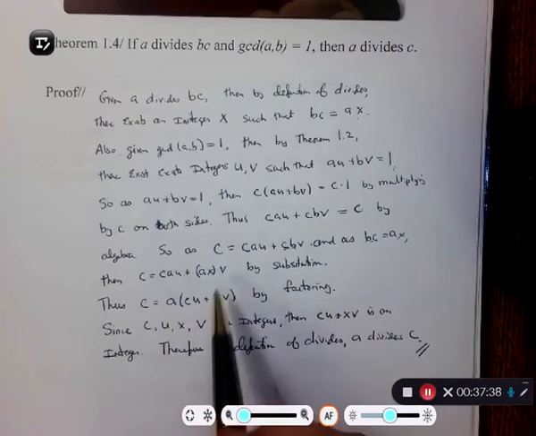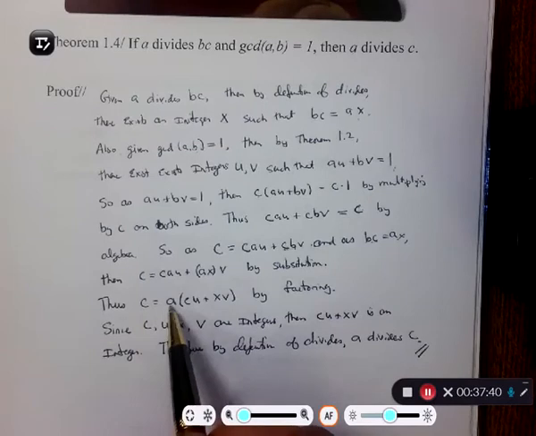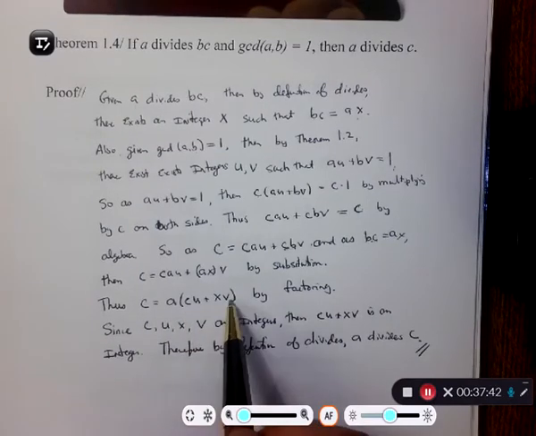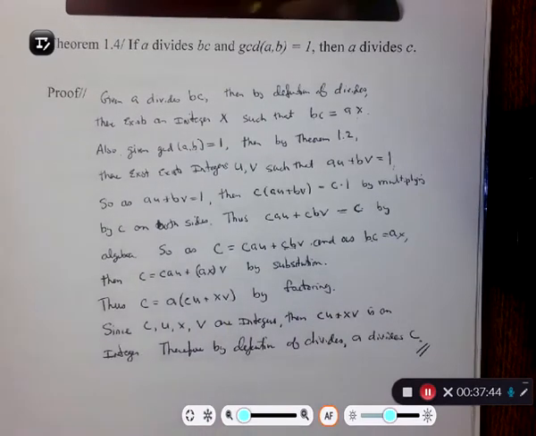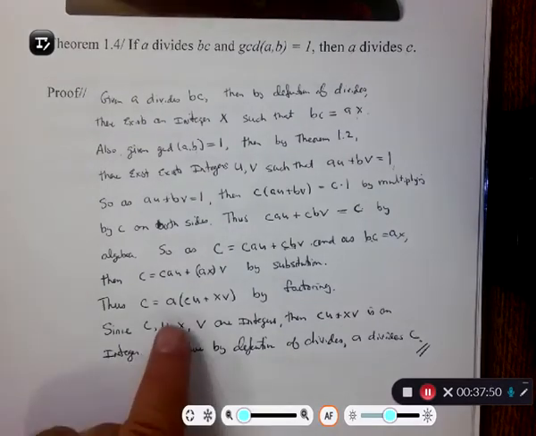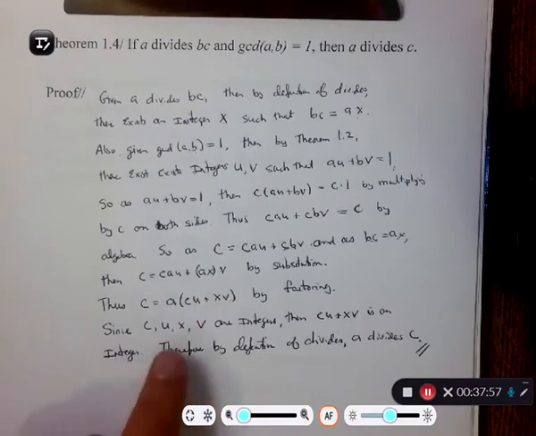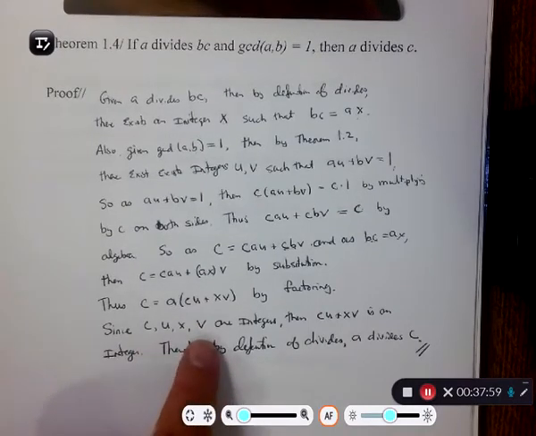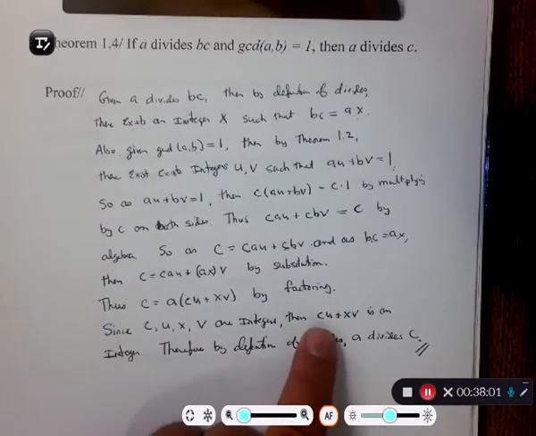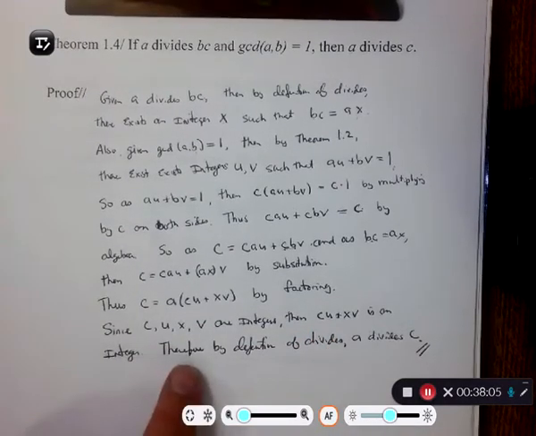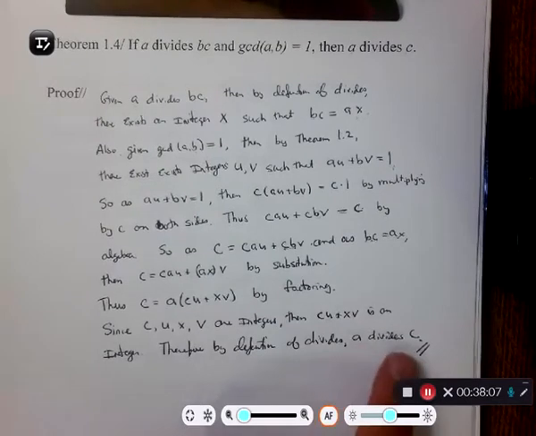And then I can factor out the A, thus C equals A times parentheses CU plus XV by factoring. But remember, I want to show that A divides C. So I want an equation with C equals, and I want to be able to factor out an A times an integer. But before I'm done, I've got to state why is this guy an integer? Well, since the parts C, U, X, V are integers, then sums and products are integers. CU plus XV is an integer. Therefore, by definition of divides, A divides C.